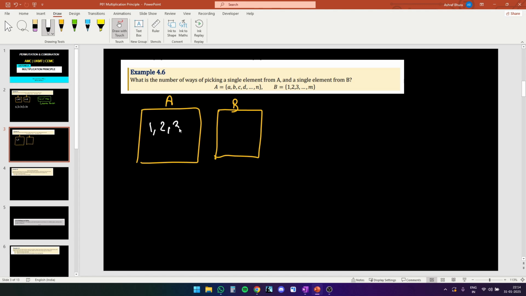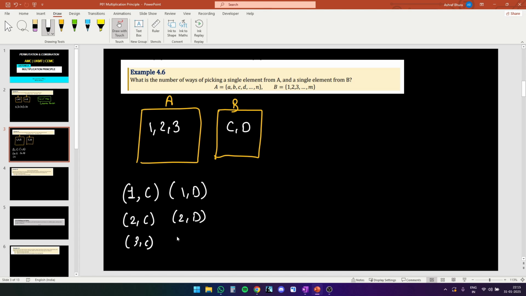I have 1, 2, 3 in the set A and C, D in the set B. So can I say I need to pick up one element from A and one element from B? So either I can pick up 1 and C, or 1 and D, or 2C, 2D, or 3C, 3D.